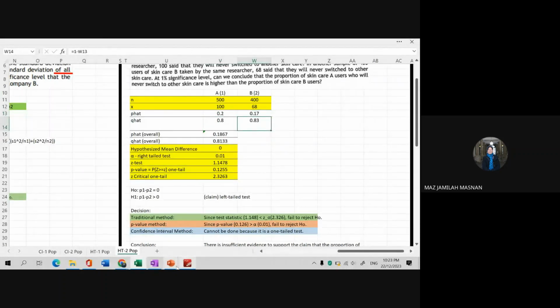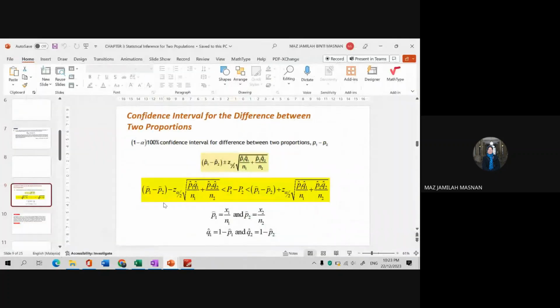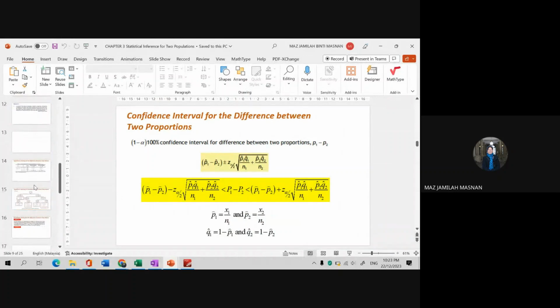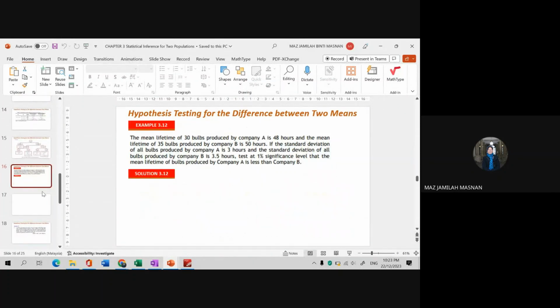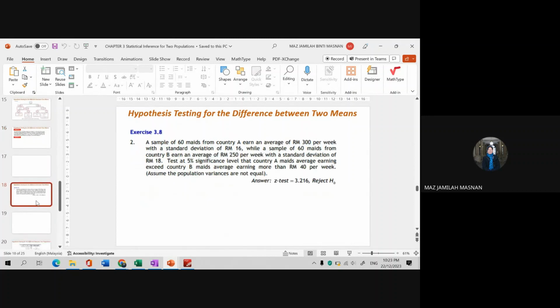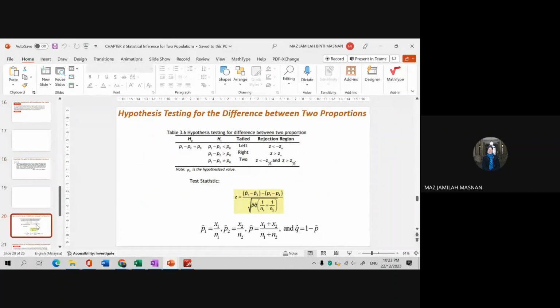But remember, for two populations, p1 hat, p2 hat, p1 hat, q hat. For the two populations, this one I would like to highlight.